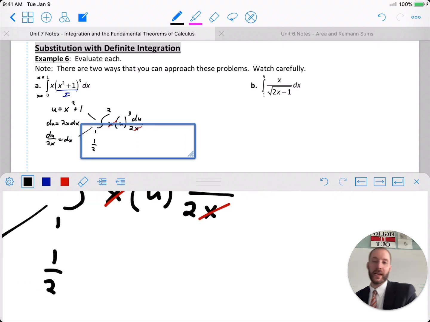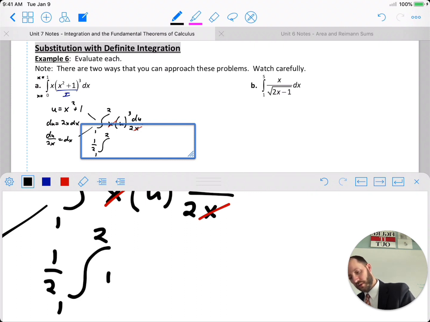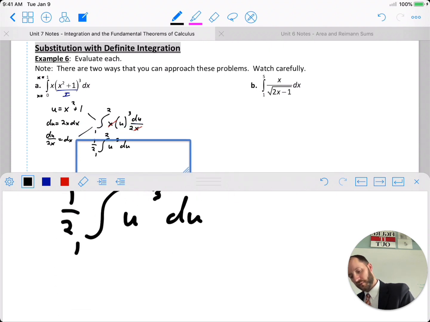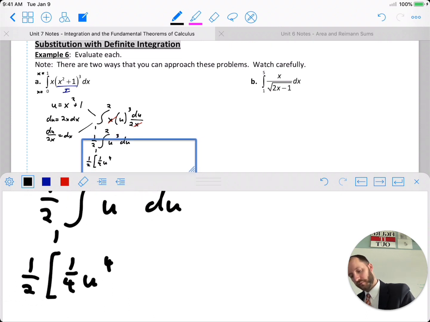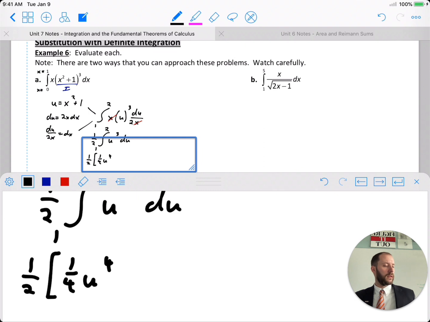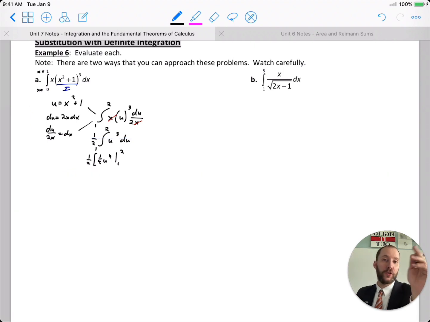So now the denominator 2, pull that out in front. 1/2, definite integral, 1 to 2, of u to the third du. And you get 1/2, 1/4, u to the fourth, evaluated from 1 to 2. And now you have a choice.